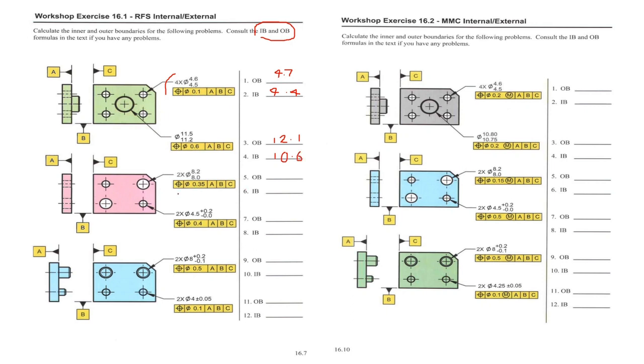Then next, for this hole, the outer boundary OB will be 8.2 plus 0.35, it's 8.55, and the inner boundary is 8 minus 0.35, so 7.65.